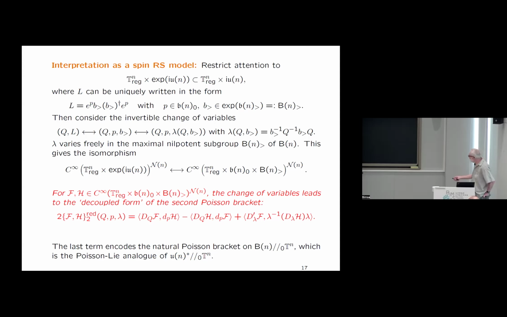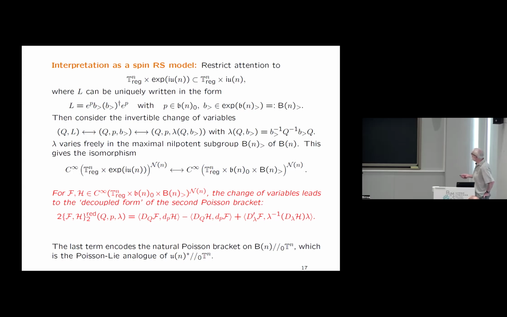Now we have the reduction of the dual Poisson-Lie group of U(N), which is upper triangular matrices with positive diagonal. This is a Poisson-Lie group, and you can reduce by the maximal torus of U(N) at some trivial value of the moment map, and then it gives you this Poisson structure. So the second Poisson structure is some kind of Poisson-Lie analog of the first one.